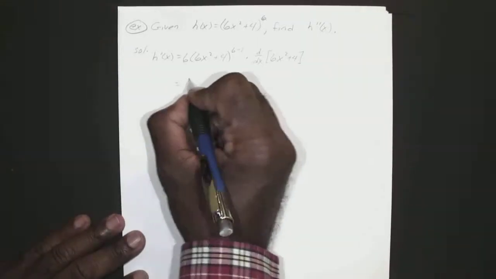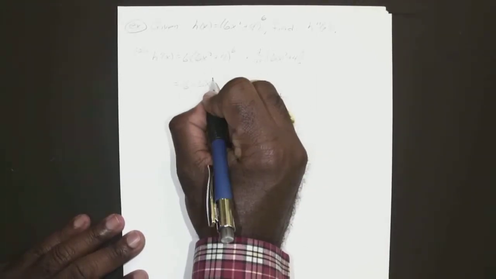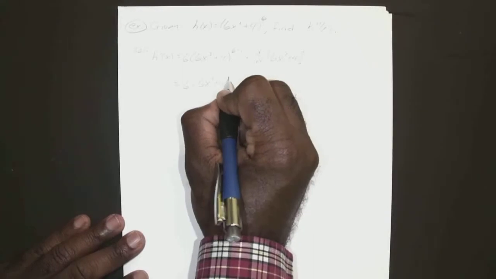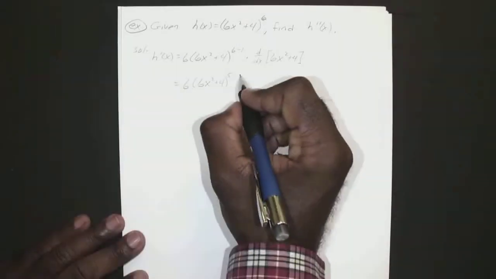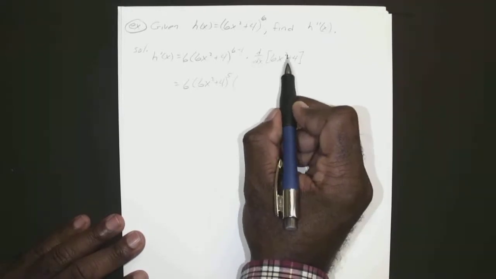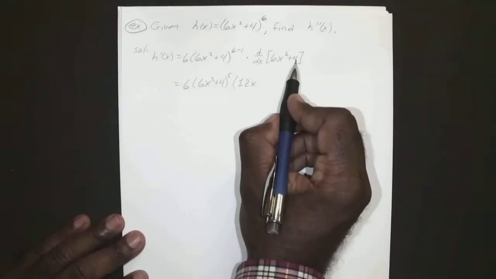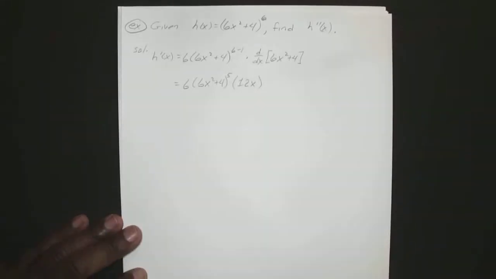Okay, so that equals 6 times (6x² + 4)^5 times the derivative of 6x². If we bring down our 2, 6 times 2 is 12. So we have 12x. That becomes 0, so we end it right there.